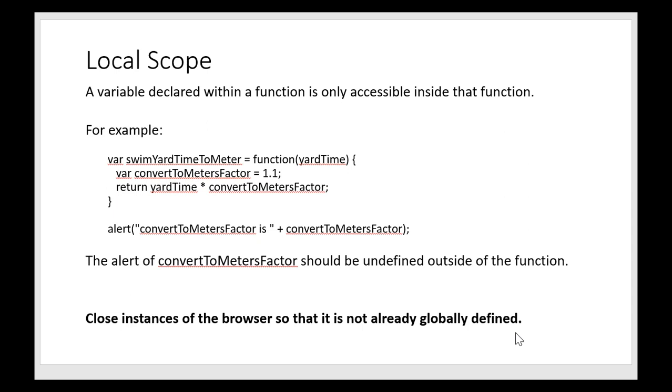You might want a sum in many different functions depending upon what you're summing up, and you don't have to worry about conflicts that one function might change the sum to a value and another function will change it to a different value, and then you don't know what value is in sum anymore, because if you declare it at that local scope, each instance of that sum is a separate instance, and it's only available during the execution of the function. And so that's the great thing about local scope variables, and it's highly recommended that you use those local scope variables.